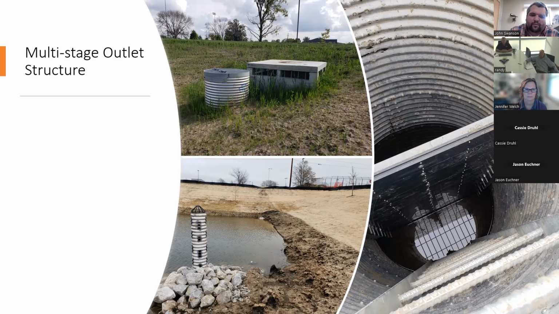But regardless, I also want to point out that whatever type of outlet structure you have, this is one of the most important things for you as a pond owner, or someone who's maintaining ponds, to be checking regularly. These areas can fail. Pipes can get clogged. Pipes do rust away over time. And we always tell our landowners after major storm events, go out there, walk your dam, take a look at your outlet pipe, make sure everything's looking good.